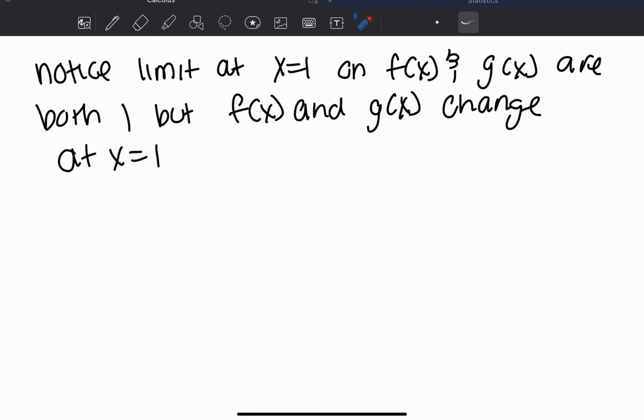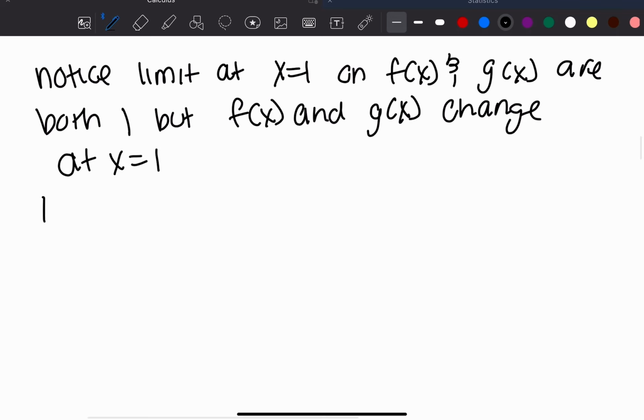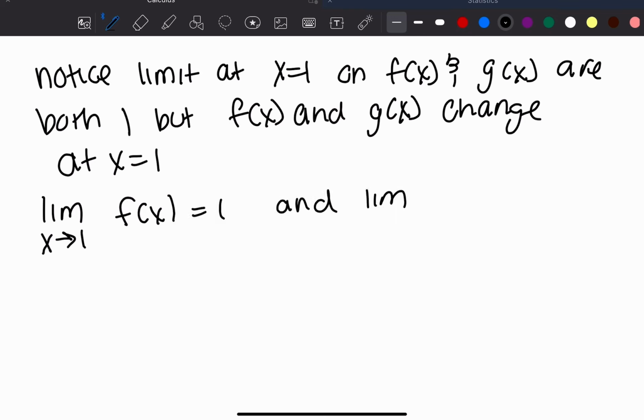Okay, so what we're going to do is find the limit of f of x and g of x as x approaches 1. So by looking at the graph, we know that the limit as x approaches 1 of f of x is equal to 1, and the limit as x approaches 1 of g of x is equal to 1.